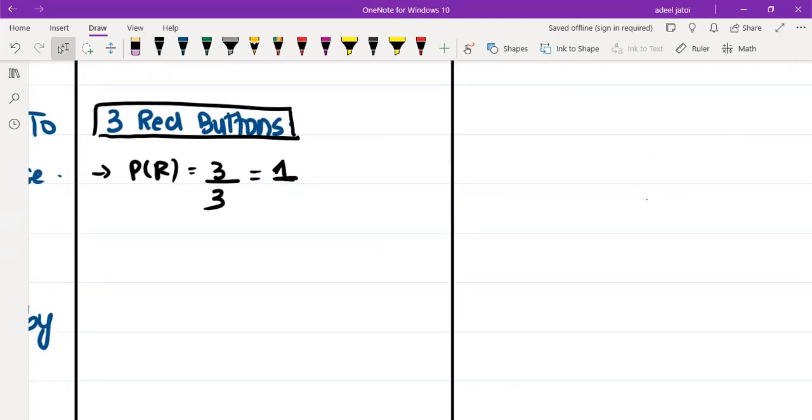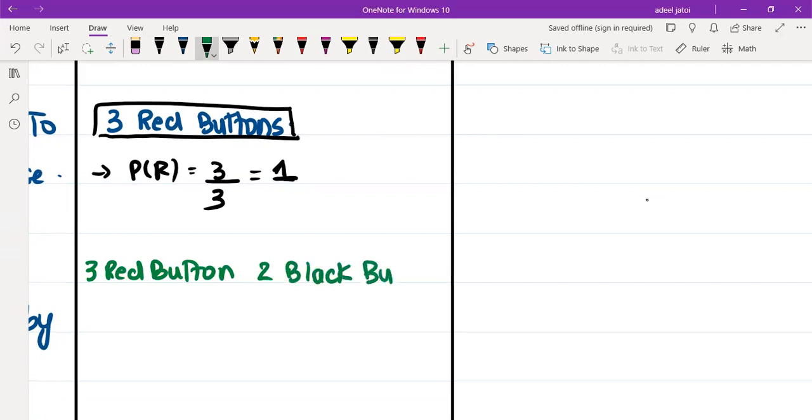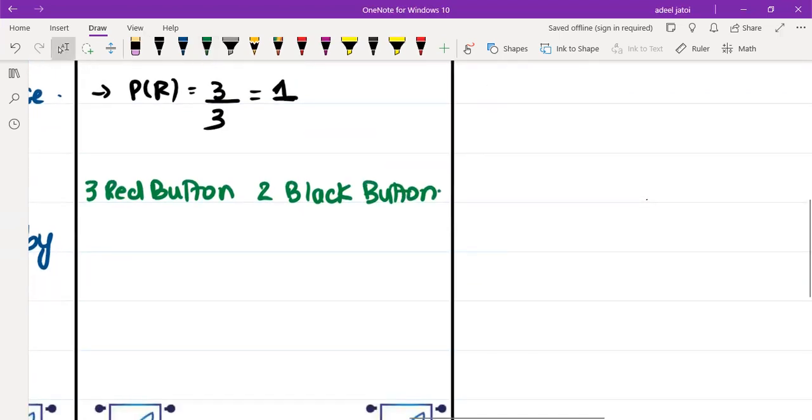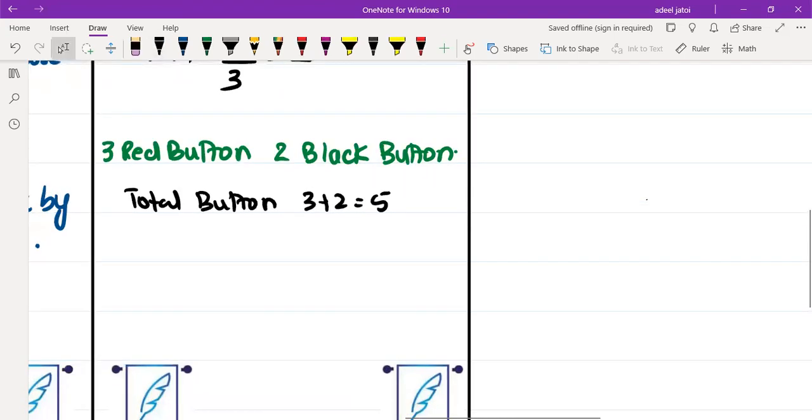But similarly, if we have 3 red buttons and 2 black buttons, the total buttons are 5. If I ask the probability of choosing one red, I'll write it in a more theoretical mode.